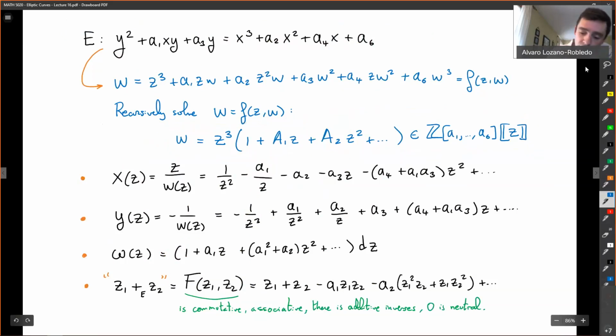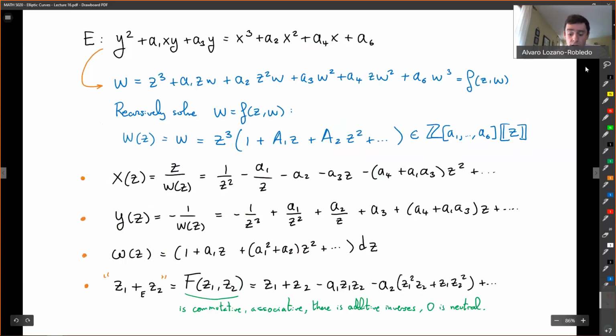Okay, so here this is the expression of W as a power series in Z, and then going back to the X and Y coordinates, I can rewrite the X coordinate again as a power series in Z, and I get an expression for Y, and an expression for the holomorphic differential, which we'll come back to today.